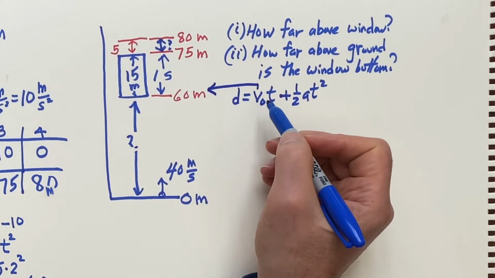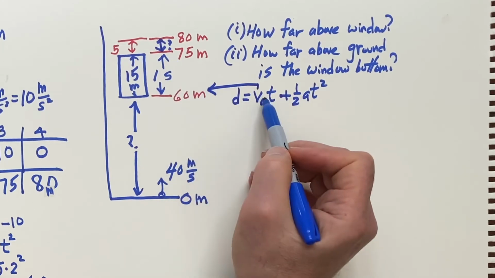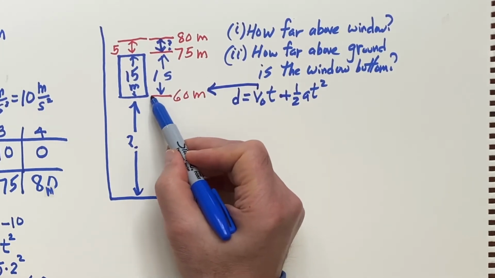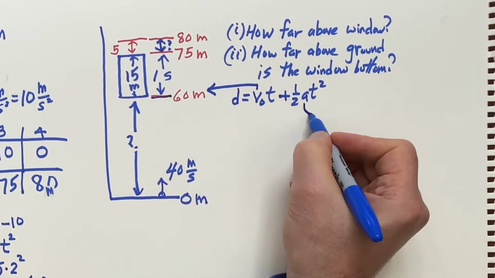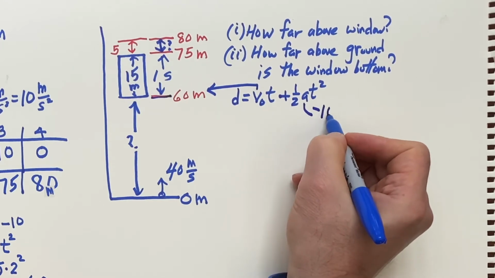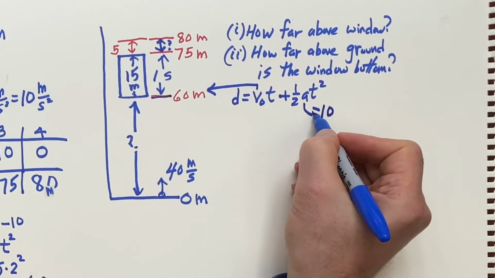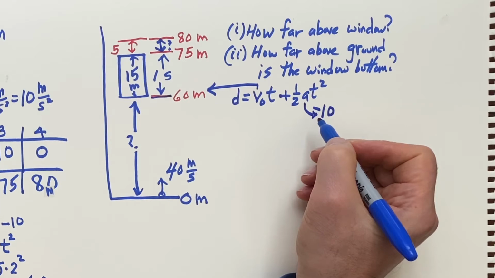Now see, this is what happens. We change what d and v naught mean because we're doing different subsections of the problem. So for this little segment, I'm going to call this the initial speed here. And a is going to be, again, minus 10, that was given in the problem.